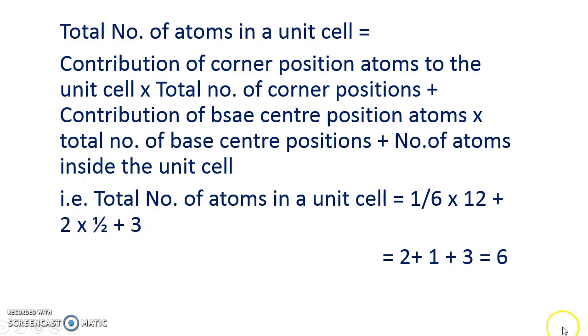So 1 by 6 into 12 is 2, 2 into half is 1, plus 3, this is 6. So this indicates that the total number of atoms in a unit cell is 6 in HCP structure.